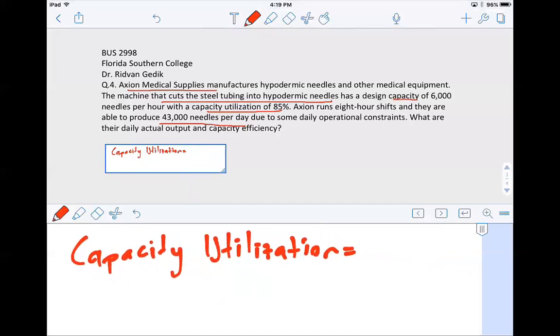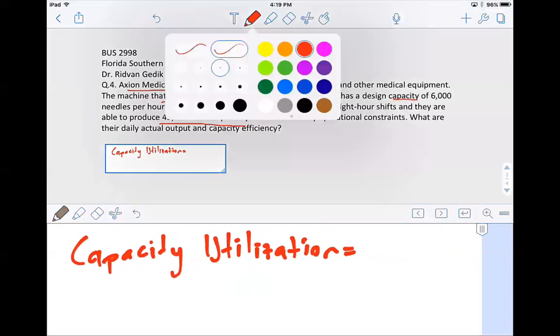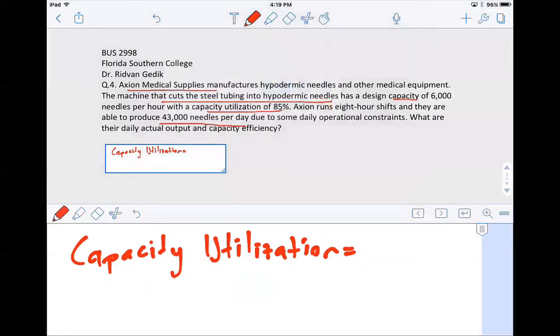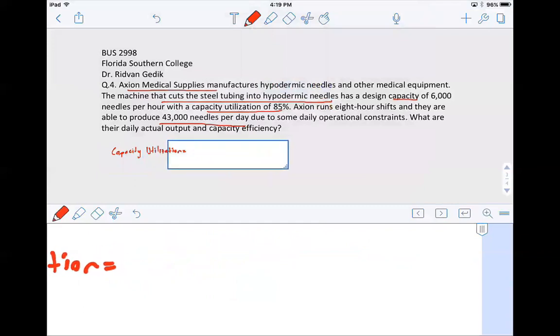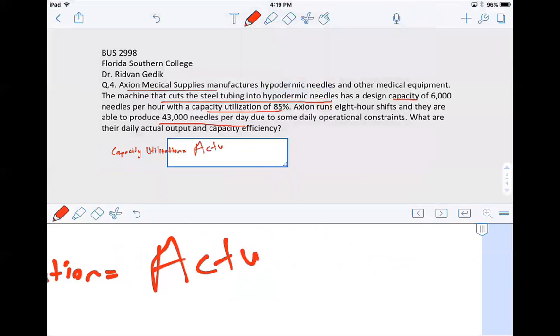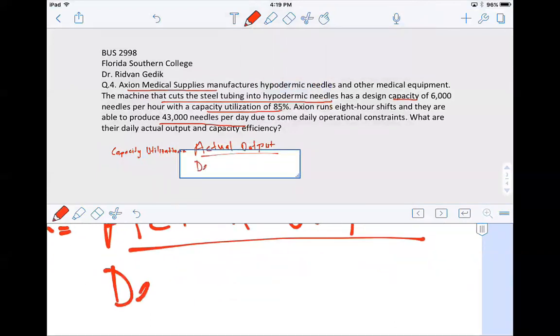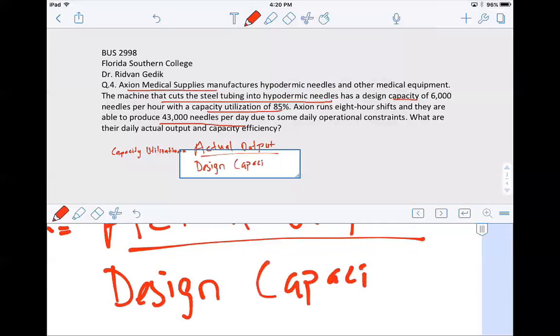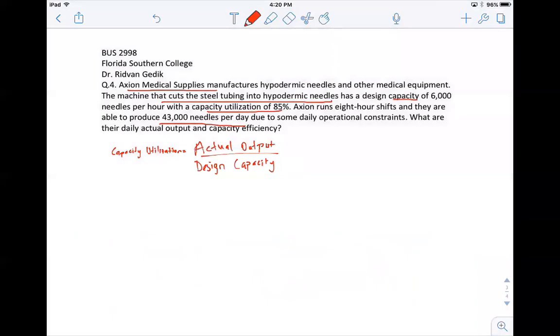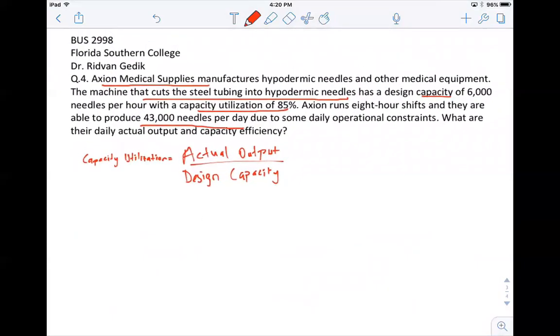The capacity utilization can be calculated by taking actual output and dividing it by design capacity. Let's see whether we can use this information already with this question.